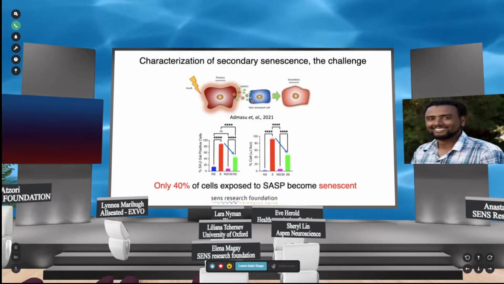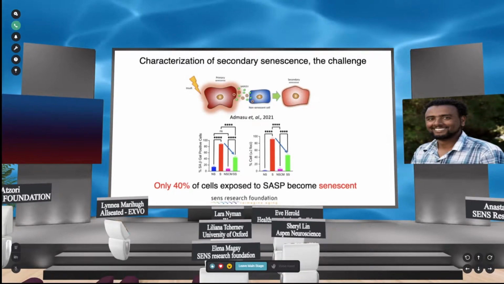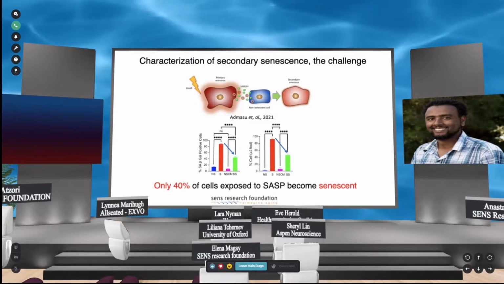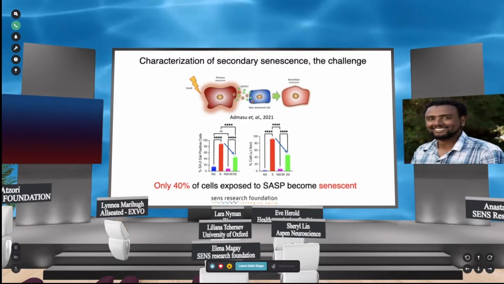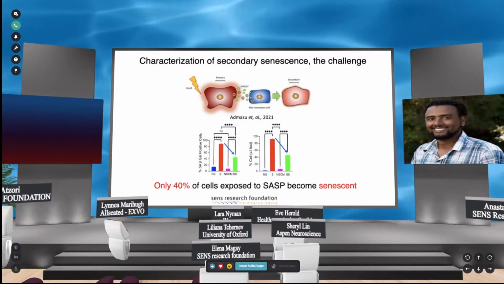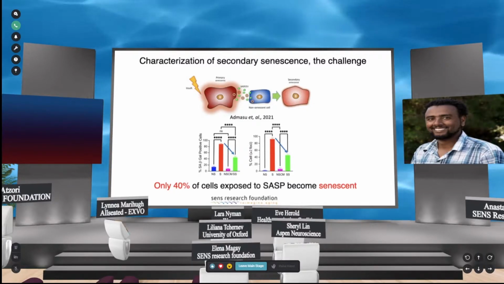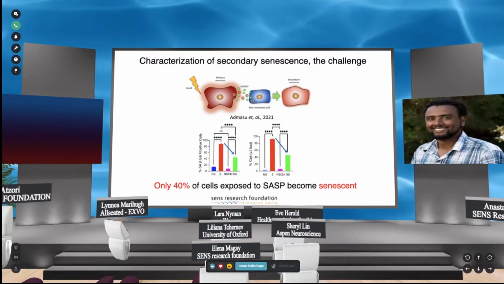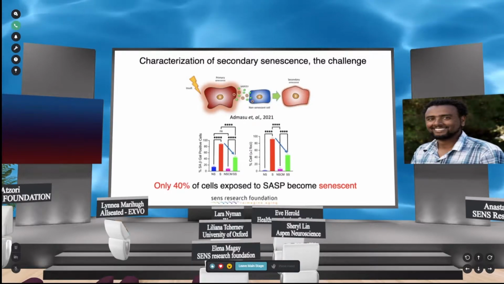So generally, when we say secondary senescent cells in a dish, it is actually a mixed population of senescent and non-senescent cells. And because our aim is to compare primary versus secondary senescent cells, we believe that it is unfair to compare 90% senescence with 40% senescence.